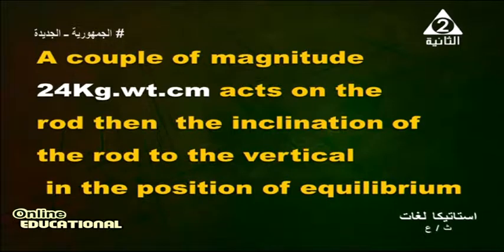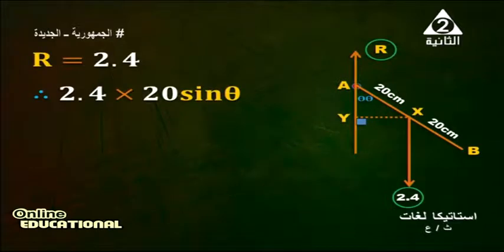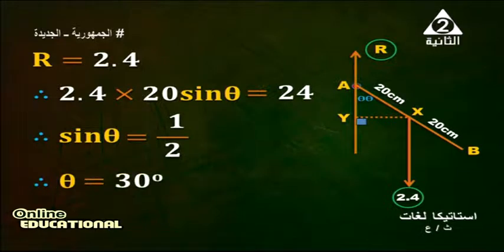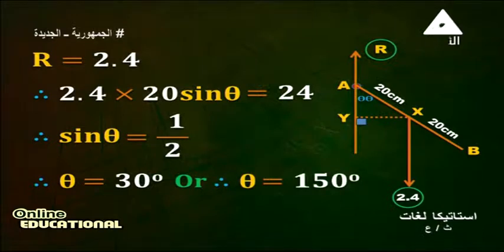Then the inclination of the rod to the vertical in the position of equilibrium equals what? Look, my dear student, in the opposite figure, R equals 2.4. The force up equals the force down. Sine theta equals 1/2. Therefore, theta equals 30 degrees, or 150, maybe theta is in the first quadrant or second quadrant.